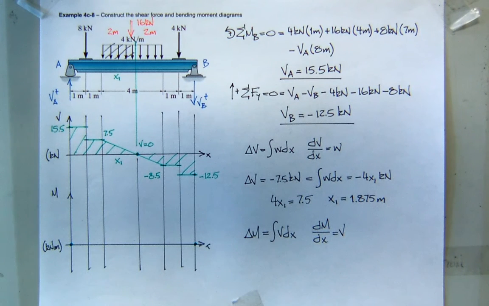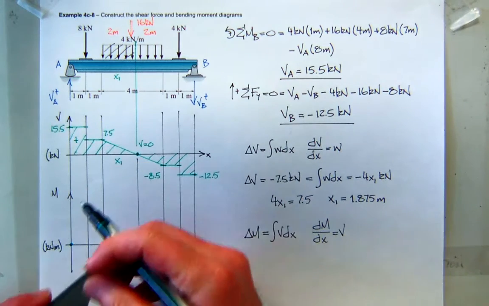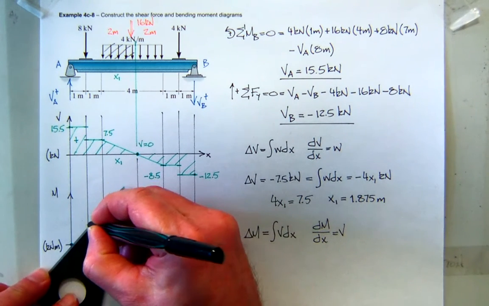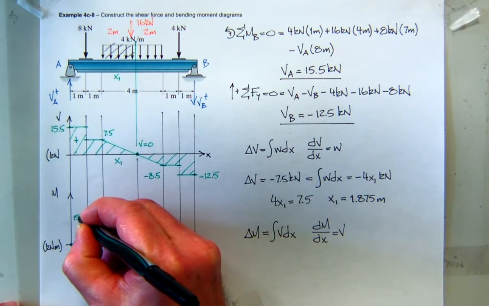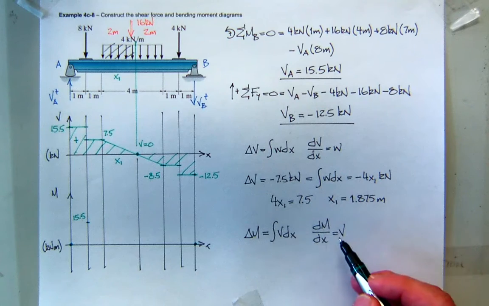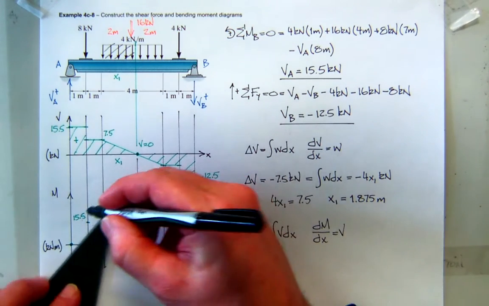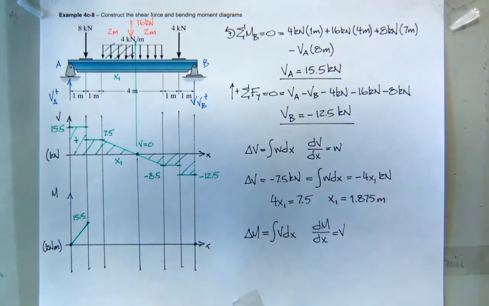That's a pretty easy area to calculate. It's positive, so I'm going to add that to 0, and I get 15.5. The slope of that diagram is the shear, and the shear is constant, 15.5, and positive. So there's my positive 15.5 moment, sorry.